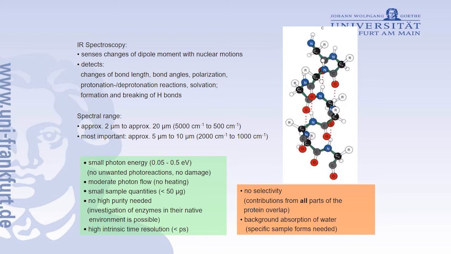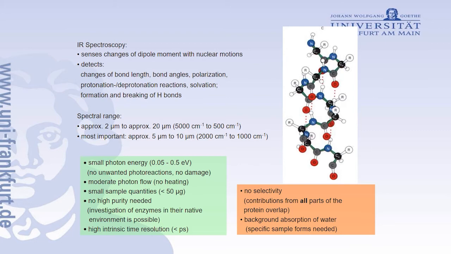And you don't need high purity. And for those that do time-resolved spectroscopy, the intrinsic time resolution of infrared spectroscopy is one vibration cycle, meaning a few picoseconds. So lots of applications have moved to high time-resolved IR spectroscopy, and people are now in the picosecond and sub-picosecond region.